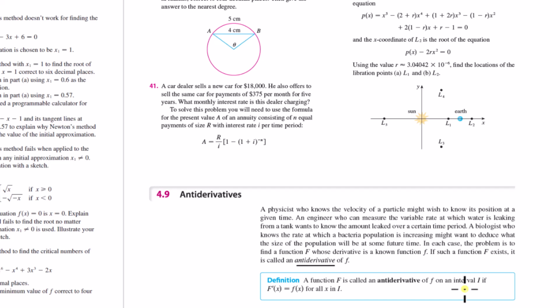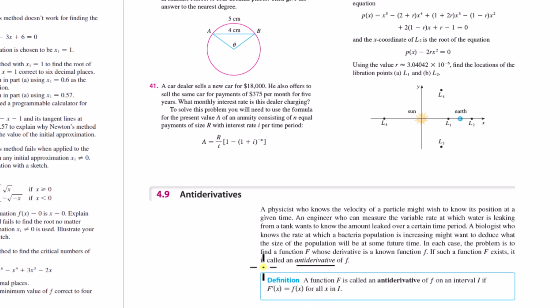Or maybe you're finding an antiderivative for all real numbers. It just depends. But capital F is an antiderivative of lowercase f on an interval I if what? If F prime of x is equal to f of x, lowercase f of x, for all x in I.